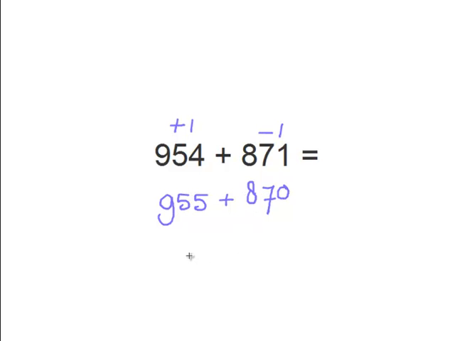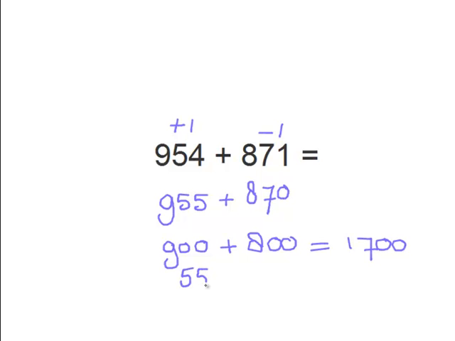Alright, so now let's break these numbers up a little bit into a 900 and then the 870 into an 800. So that equals 1,700, and now we have the remaining 55 and 70. So those added together equals 125.